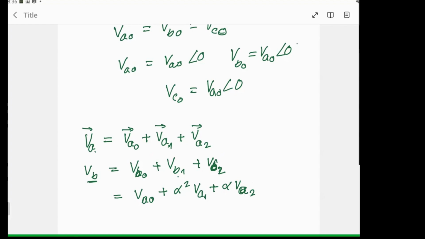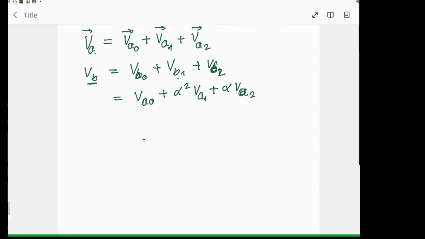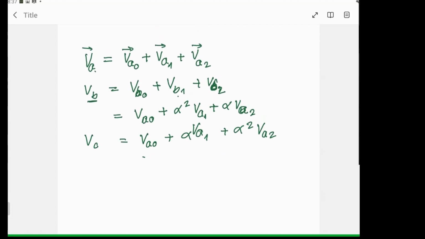So alpha is indicating the angle. Similarly, I can write down vector VC would be equal to VA naught plus, it will be just opposite, alpha VA1 plus alpha square VA2. So C will be this one and B will be this one.